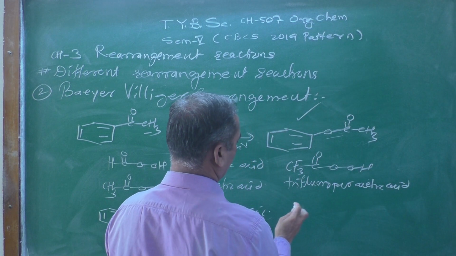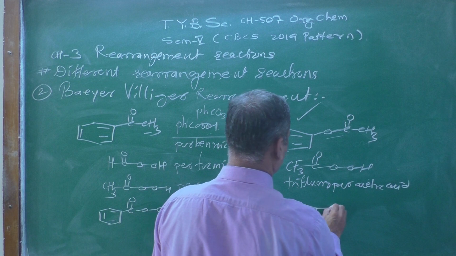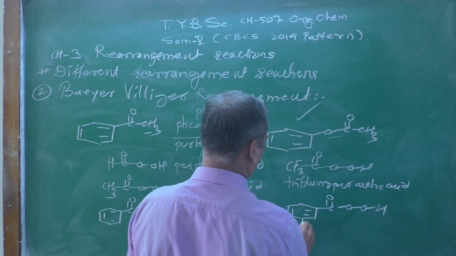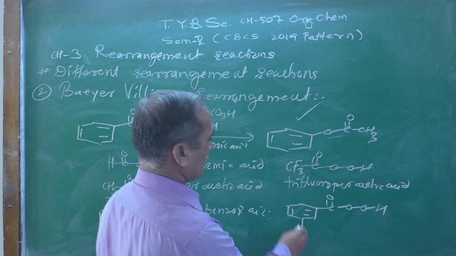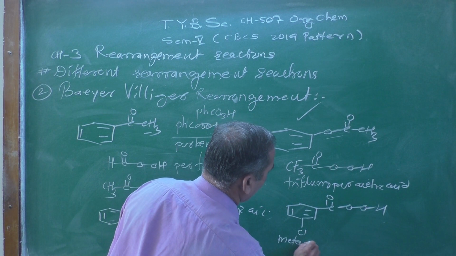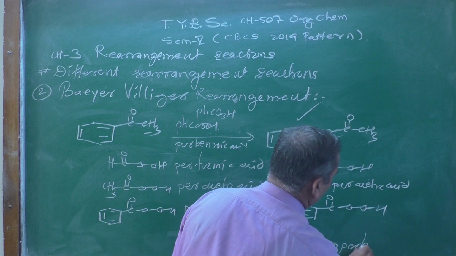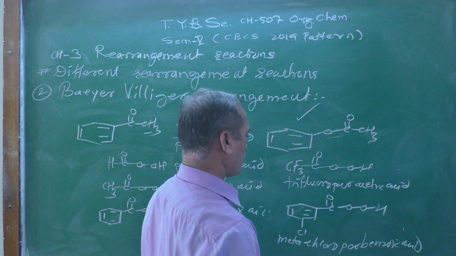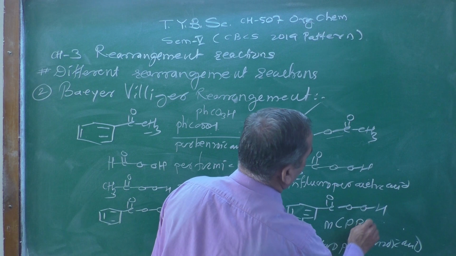Or if there is this kind of structure, C double bond O OOH, with a chlorine atom at the meta position, we call it metachloroperbenzoic acid, in short mCPBA.